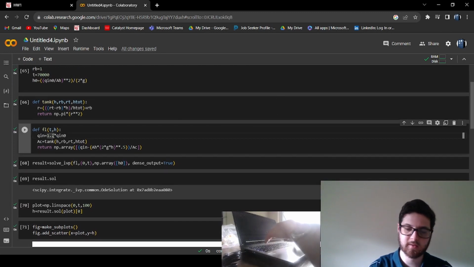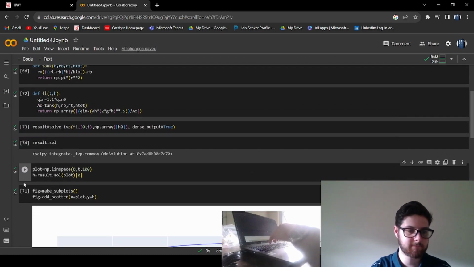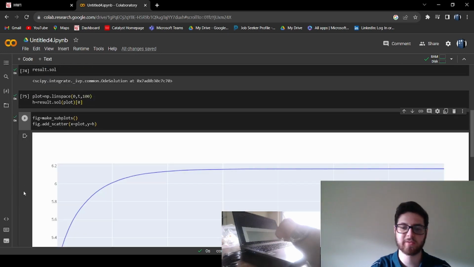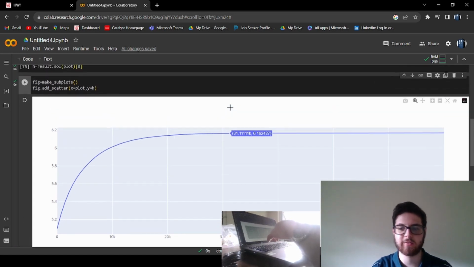And we can mess with this and go 1.1. That's not a 1.2%. And it reaches steady state far, far quicker. Well, 10,000 seconds quicker if you think that's far, far quicker.